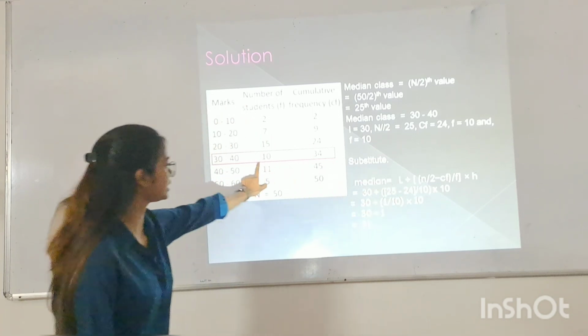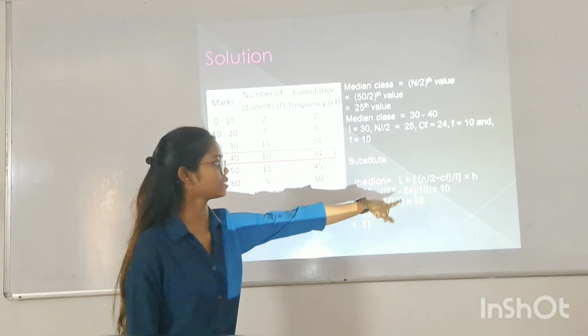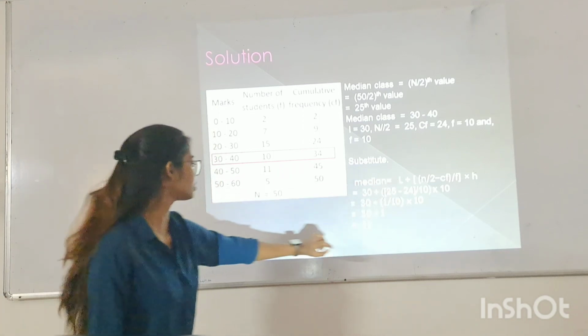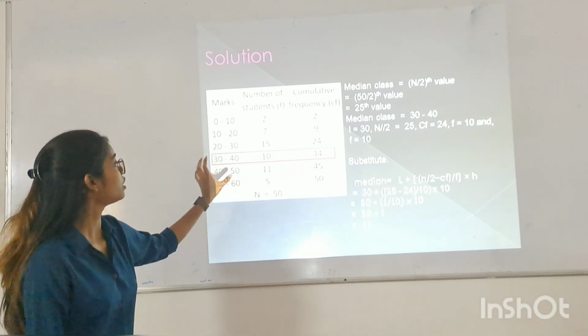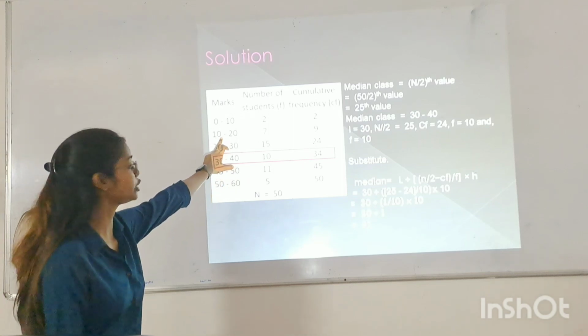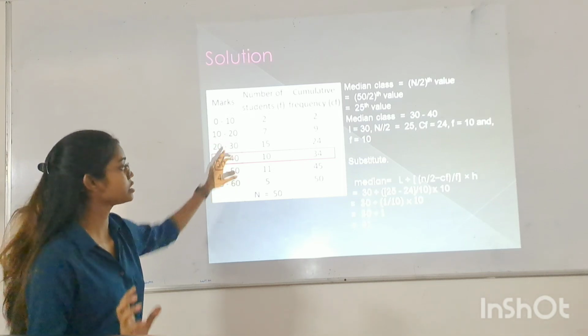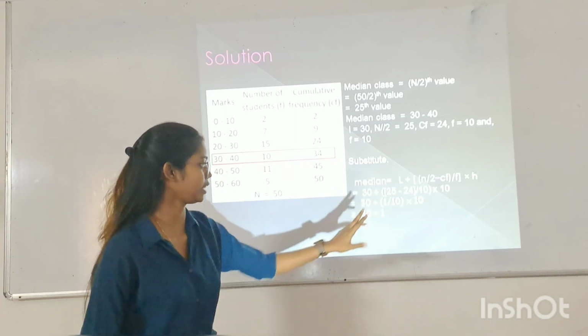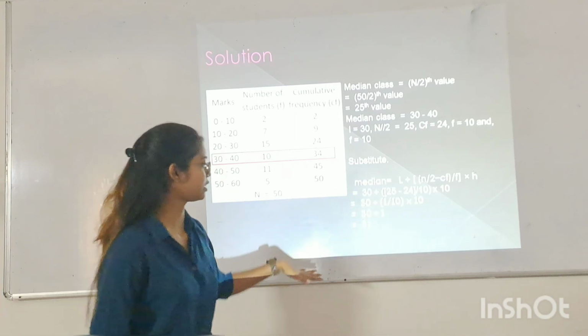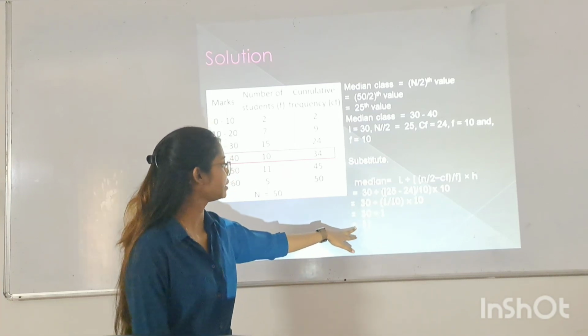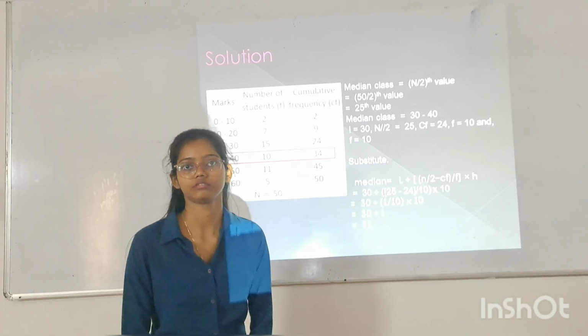Then frequency is 10, into H. H means class size, here 10 to 20, so 10. Now see the whole calculation: the median is 31.